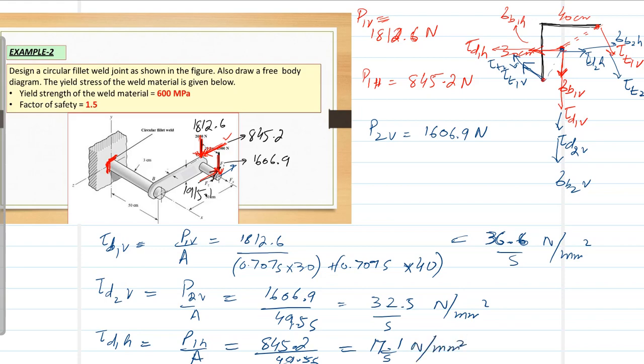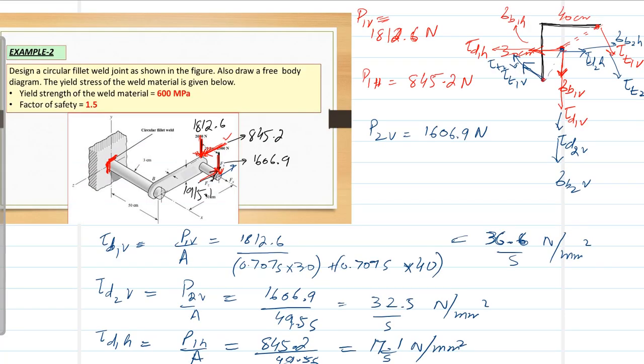Similar is the case for tau D2H, which is P2H divided by A, and P2H is 1915.2 Newton.